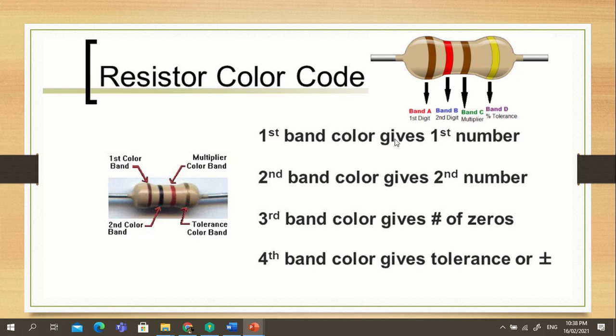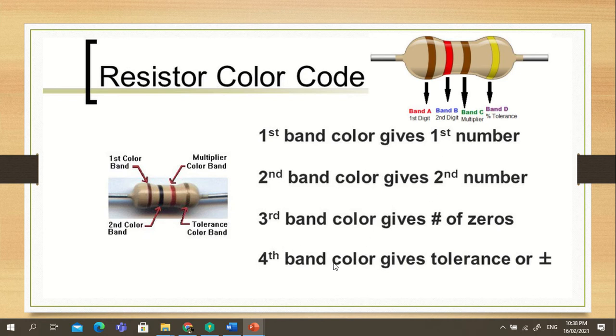Okay, the first band color gives the first number, and the second band color gives us the second number. The third band, band C here, gives us the number of zeros that we're going to add to the first two numbers, or sometimes you call it the multiplier.